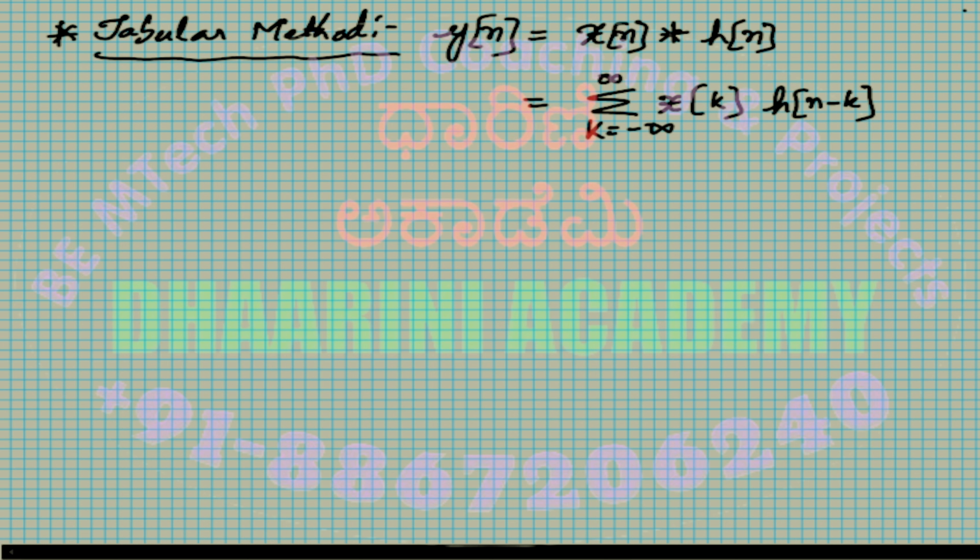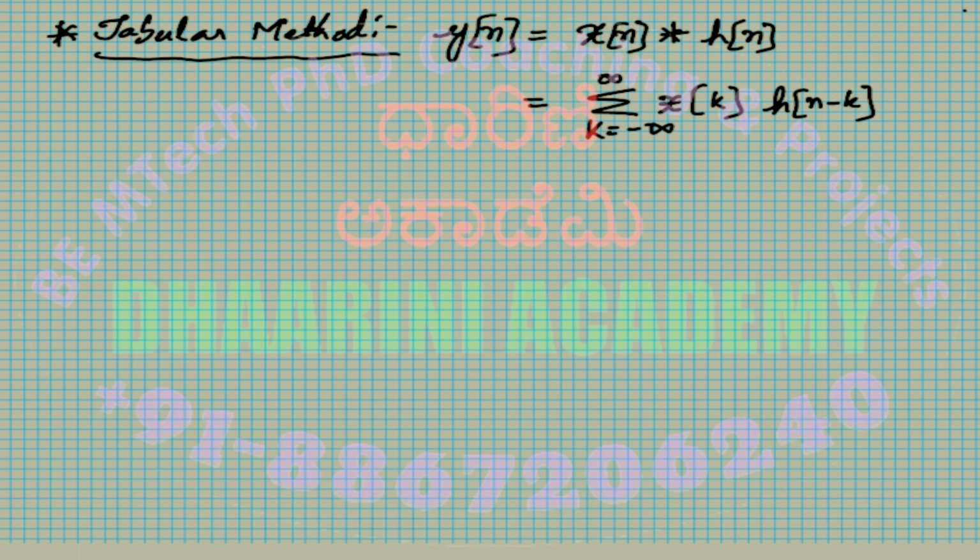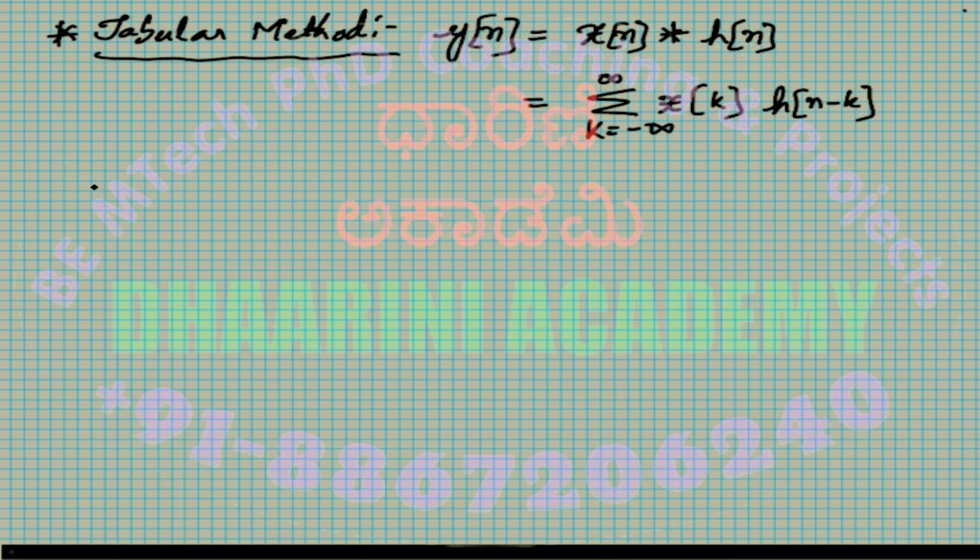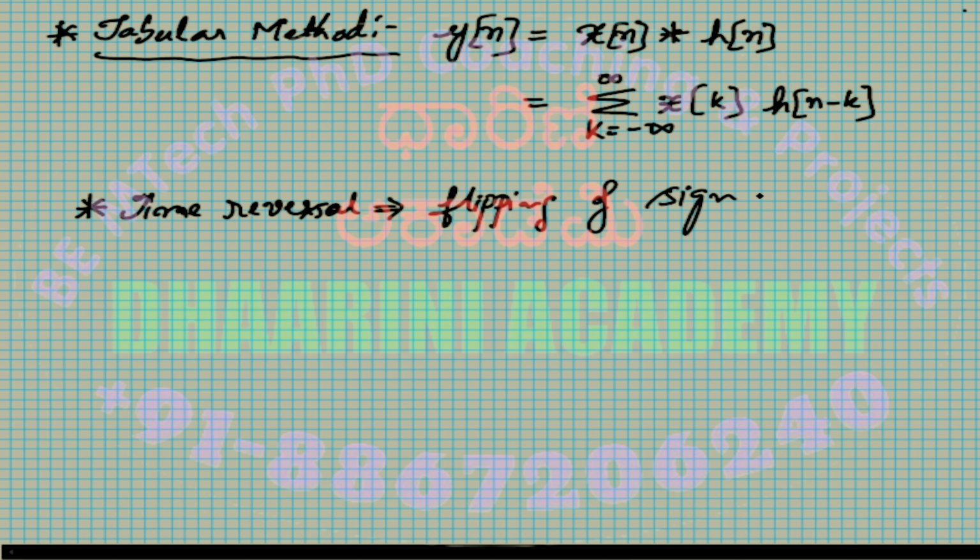The other operation is called time reversal. This is also called flipping of a signal.